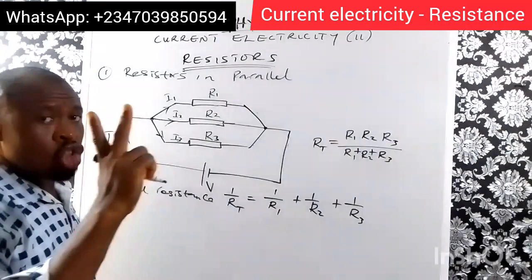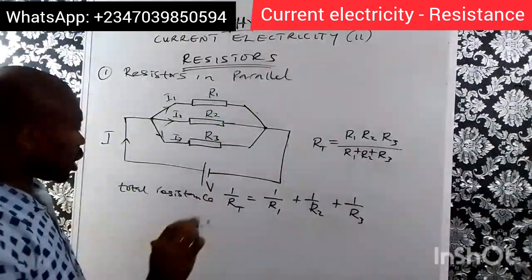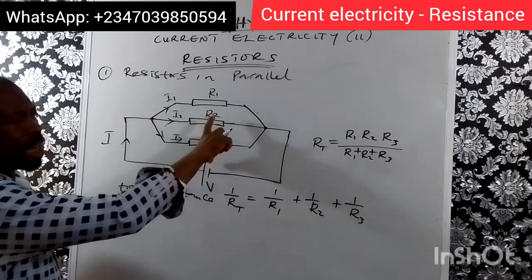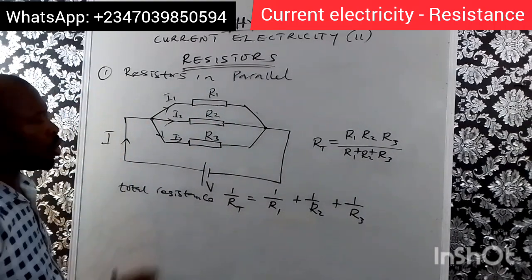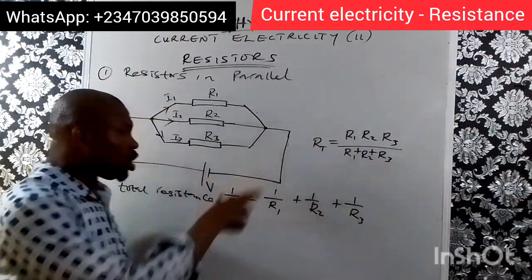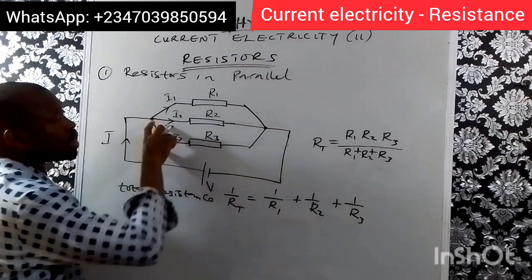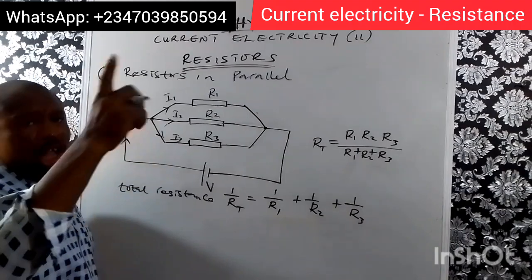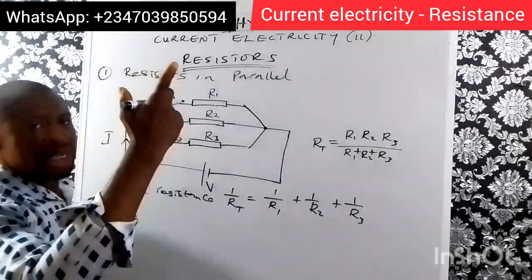There are 2 or more things I want us to note here. First, because this is connected in parallel, the same voltage or the same potential difference flows through, in contrast with series.